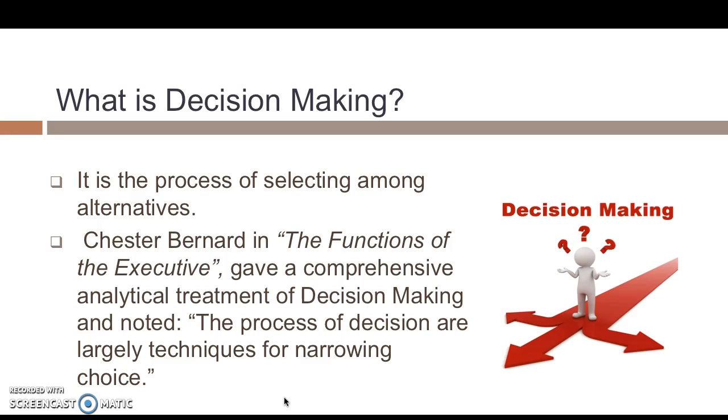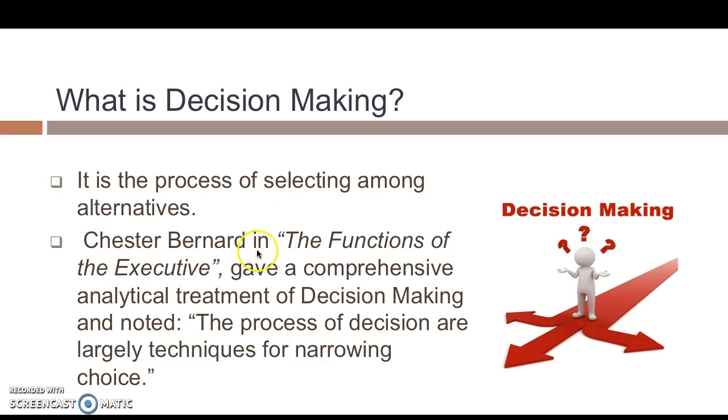Now again, what is decision making? As we have discussed, it is nothing but selecting among alternatives. But when we are talking about selecting among the alternatives, we can say it is a process, a process which has certain steps. So decision making is the process of selecting among the alternatives.